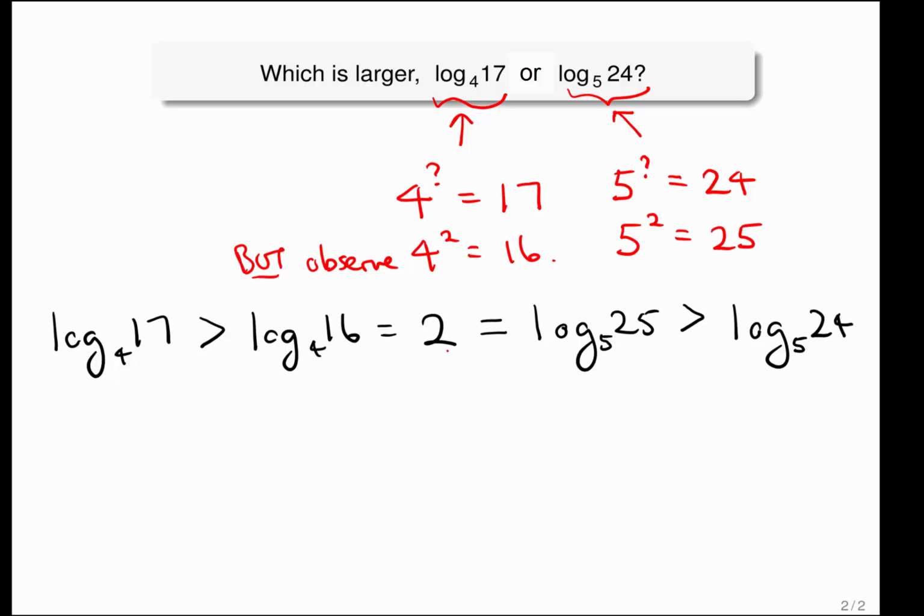Thus, we've shown that log of 17 to the base 4 is a little bit bigger than 2, and log of 24 to the base 5 is a little bit smaller than 2. Which ultimately means that log of 17 to the base 4 is bigger than log of 24 to the base 5.